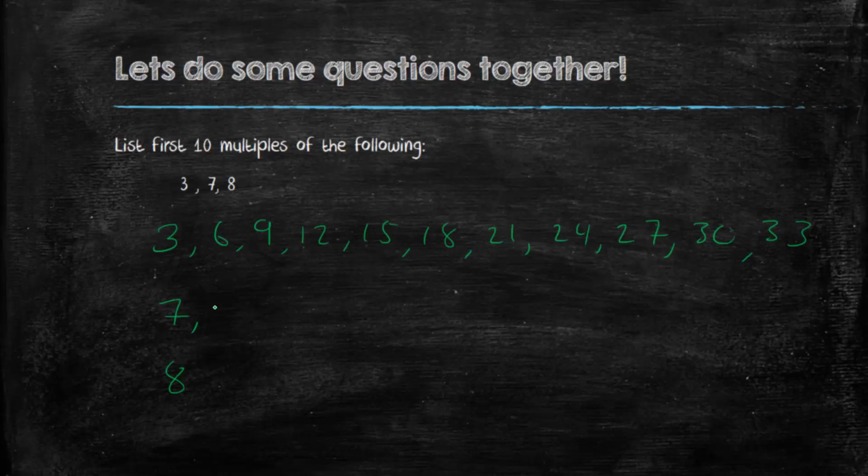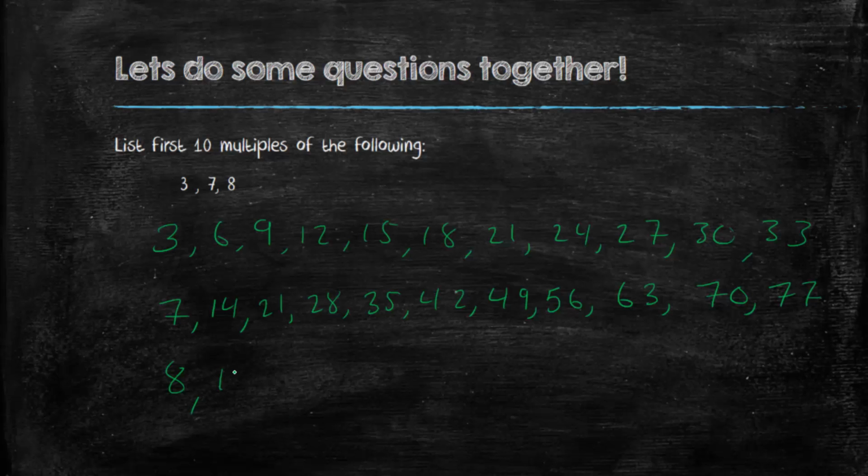7 is going to be a bit more difficult. Let's have a look. 14, 21, 28, 35, 42, 49, 56, 63, 70. And here, well, 77.